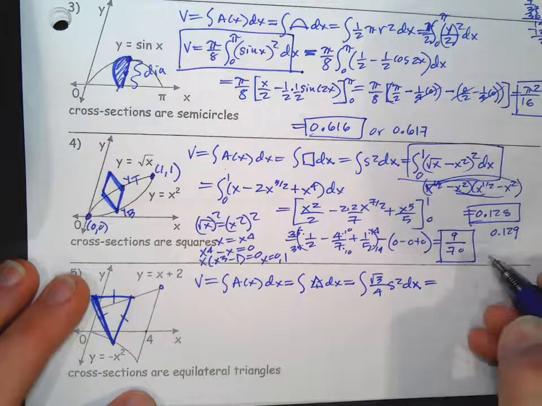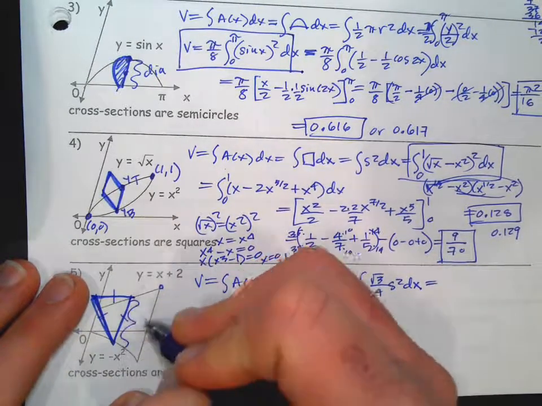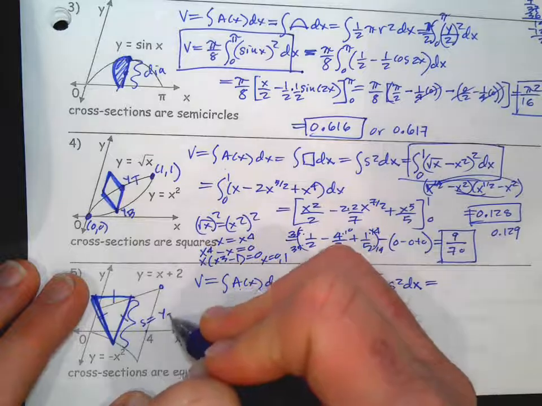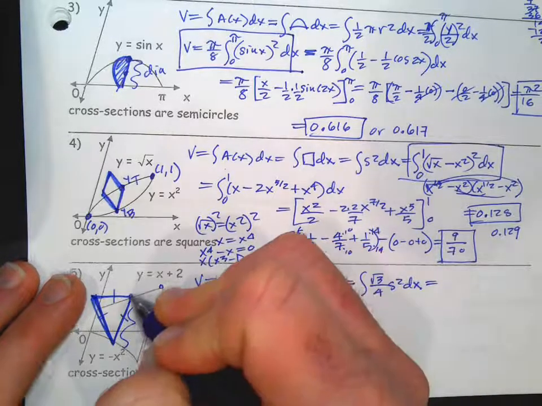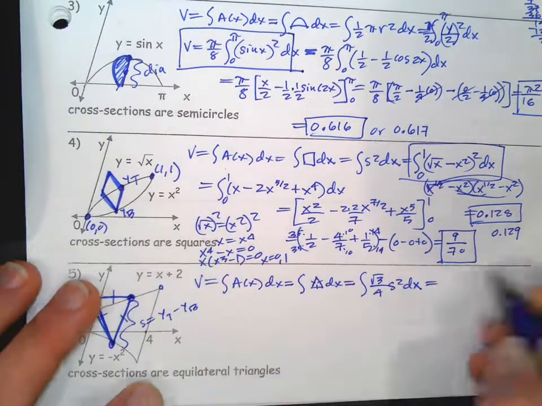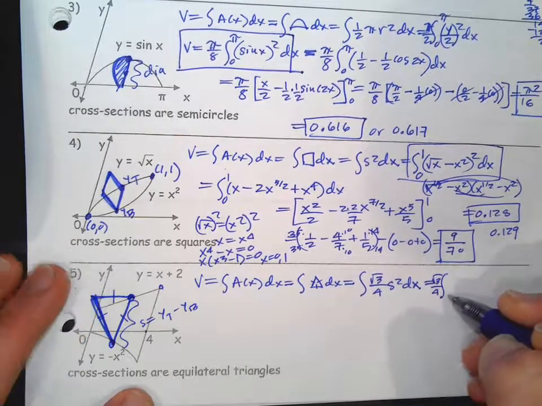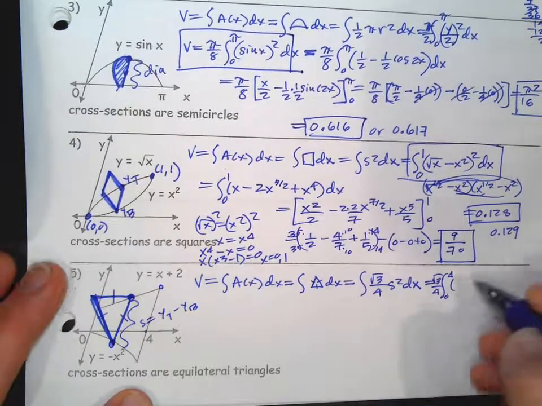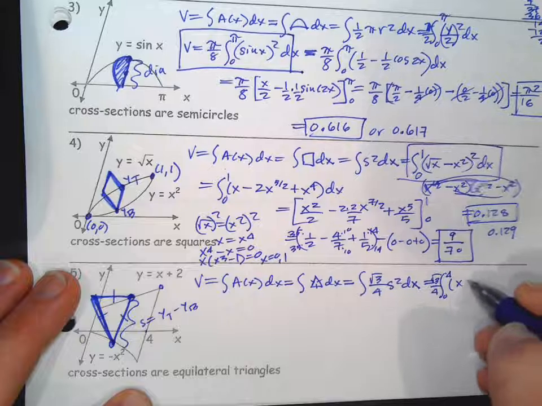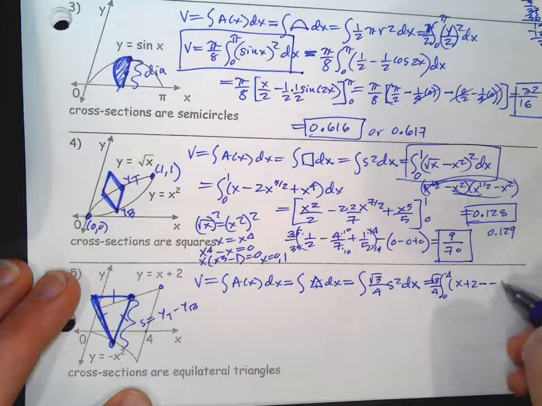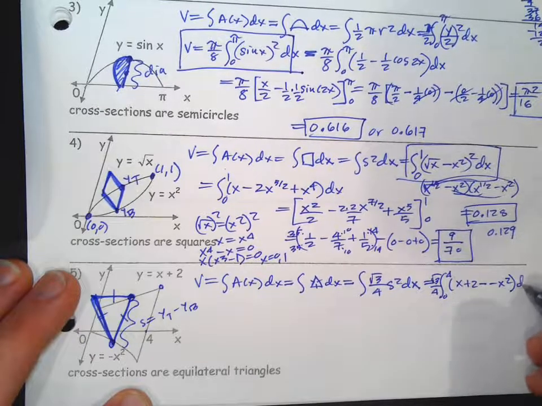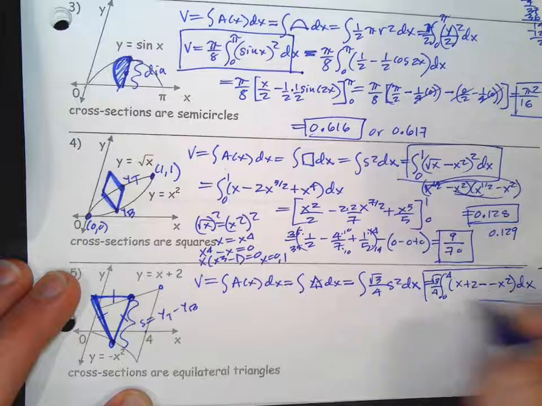Now the sides are going to be y top minus y bottom. And then in terms of x, you can move the root 3 over 4 out front. We're going 0 to 4. So y top is x plus 2, y bottom is negative x squared. So that's your setup for your calculator.